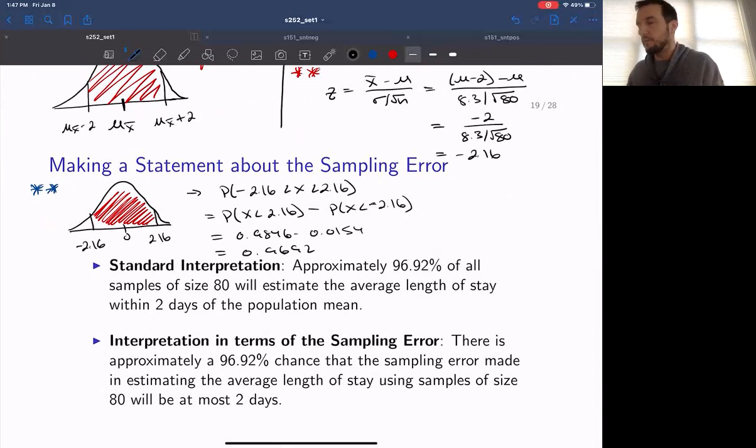One interpretation is directly about the sampling error, and the other is a little bit more easily communicated, talking about how we believe the sample mean is going to behave across repeated sampling. And this really starts to get up to the idea of confidence intervals and how we interpret confidence intervals and this kind of thing.